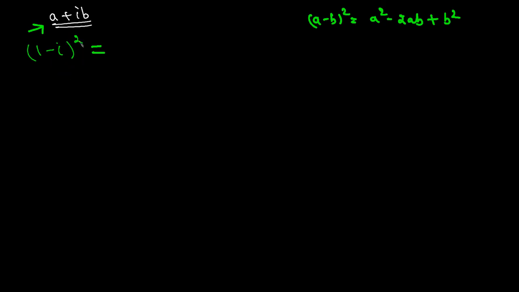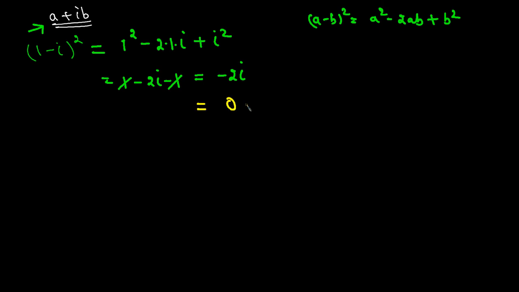So (1 minus i) square can be written as 1 square minus 2 times 1 times iota plus iota square. So 1 square is 1, minus 2 iota, and iota square is negative 1. So the positive 1 and negative 1 cancel each other. The answer will be negative 2i, but they said express this in standard format, so we can rewrite it as 0 minus 2i. So that is the standard form of a complex number.